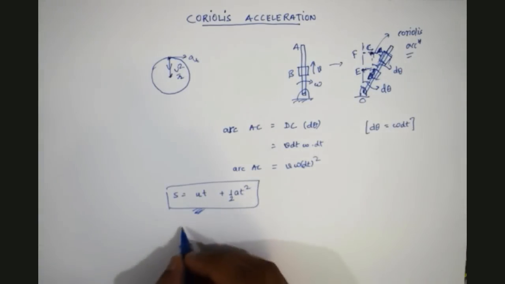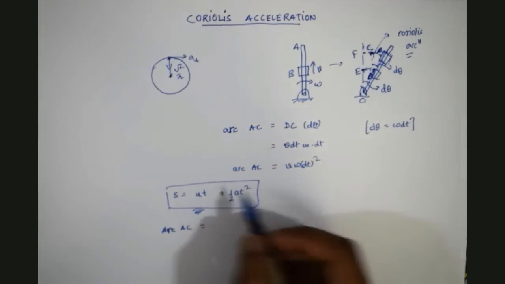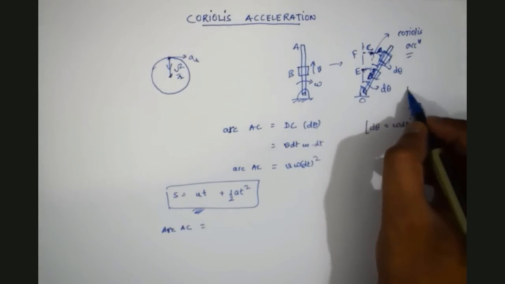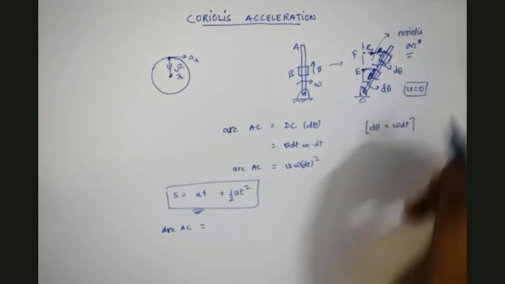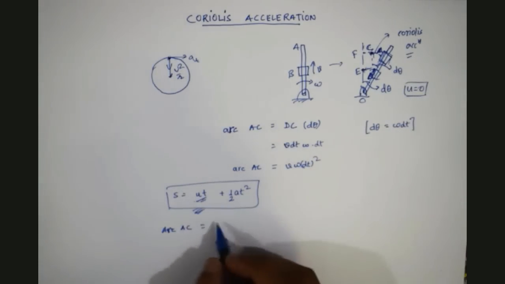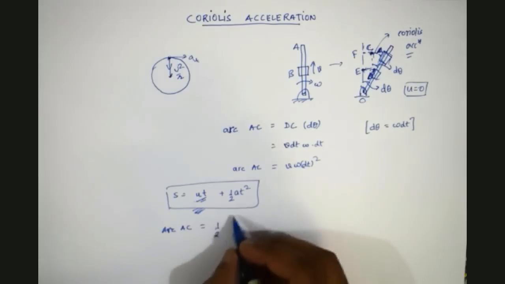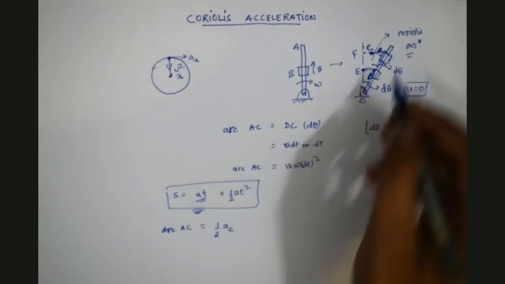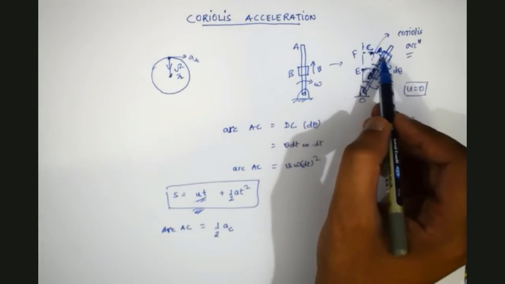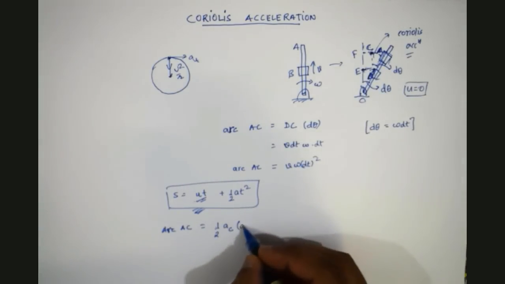Applying this equation, arc AC is equal to, suppose this slider has initial velocity 0, so this is 0, and now this is half the acceleration, this one is Coriolis acceleration, into the small time it has taken, dt square.